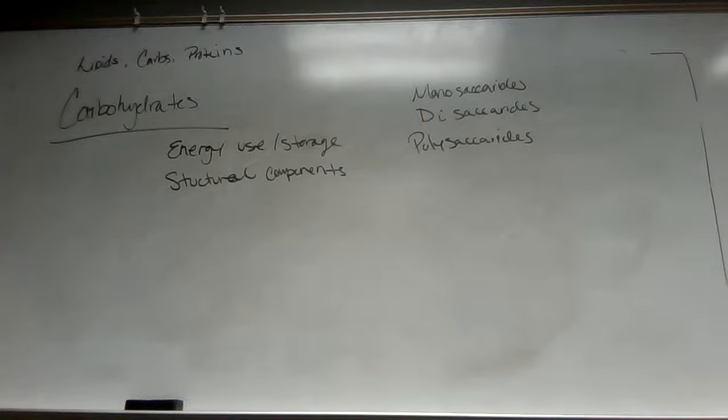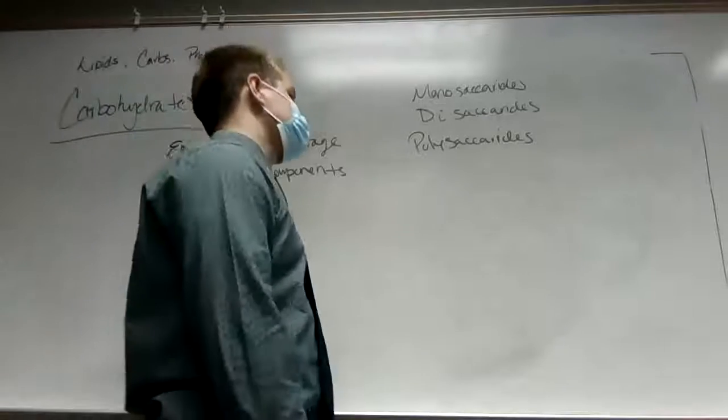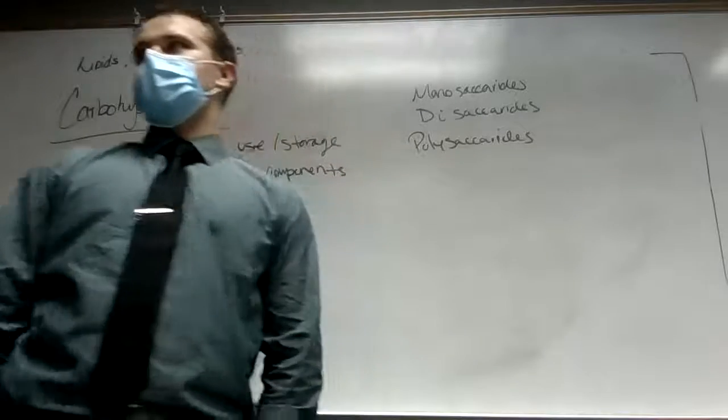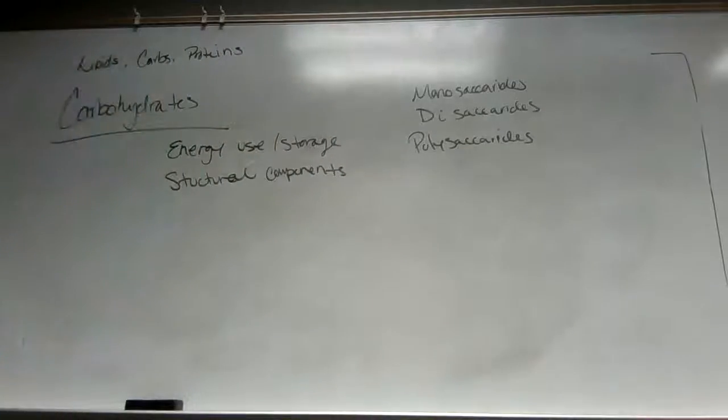Your monosaccharides are your simplest form of carbohydrates. They provide energy in the cell. Typically, they have 5 or 6 carbons. You have a pentose or a hexose sugar. Disaccharides have 2 of them, di meaning 2.